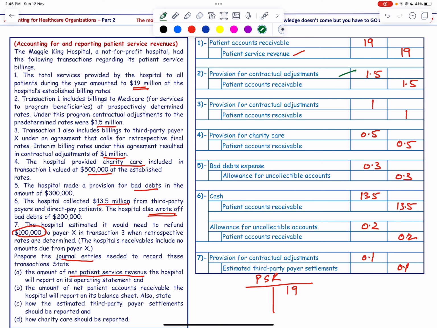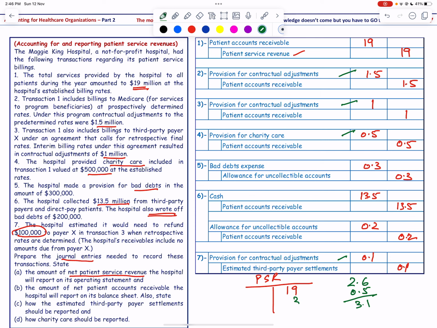Then we have 1, and so that makes 2.5, and 0.1. So 2.5 plus 0.1 makes 2.6. And in addition to this we have a contractual adjustment for charity care of 0.5, so that makes 3.1.